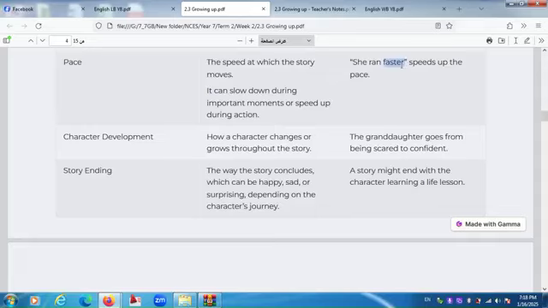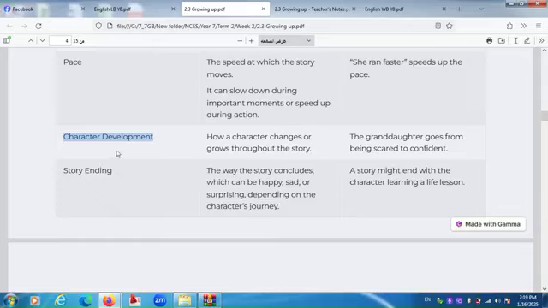She ran faster. Faster, of course, is a word which shows high speed, and the speed here ups the pace. Character development is something very important, and I think this is the aim of our story, because we are showing the character development through the story, through 2.1, 2.2, 2.3, 2.4, 2.5.